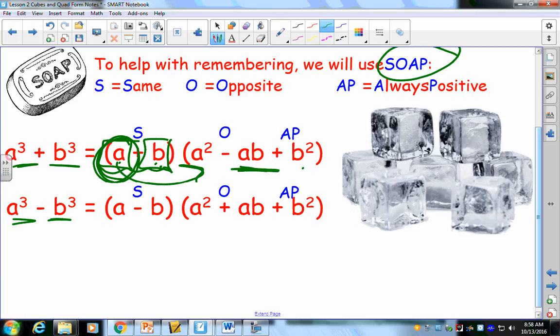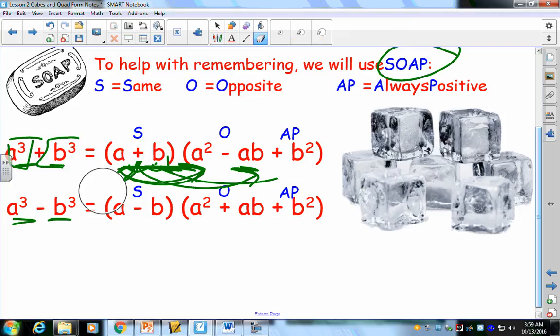Once again, recap. I took the cube root of each of my original terms and put them in my binomial. Then I squared my first term, multiplied them together, squared the last term. And notice it's the same whether my problem started off as addition or subtraction. Here's where the difference comes into play. It's how my signs get put in there. And we use that acronym SOAP.